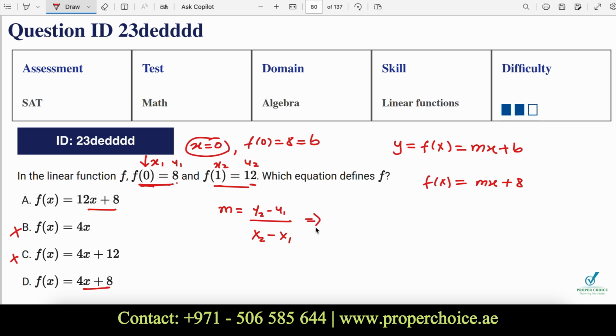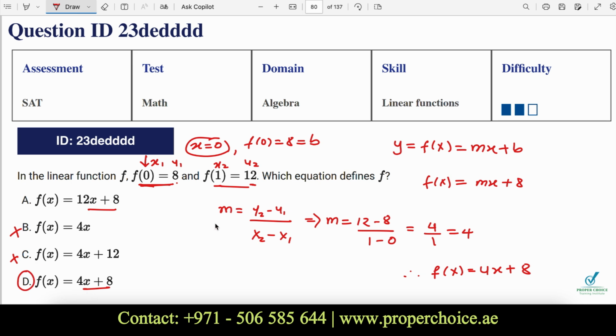That is 12 minus 8 divided by 1 minus 0. 12 minus 8 is 4, divided by 1, which is 4. So finally your equation should be f of x equals 4x plus 8. That makes sense with option D, so that is the right answer.